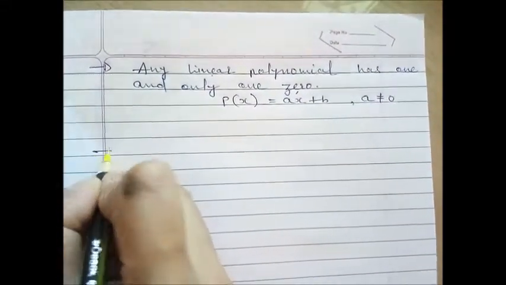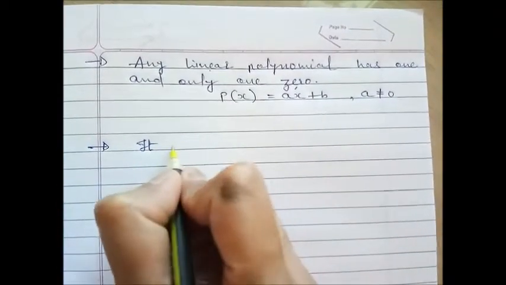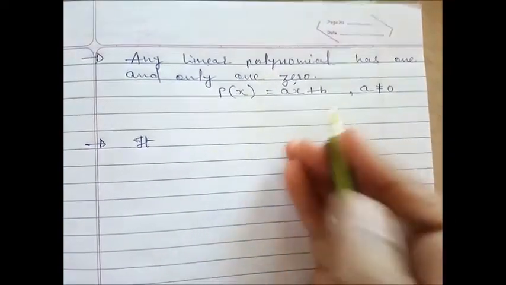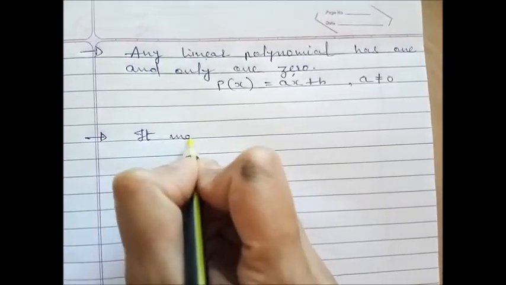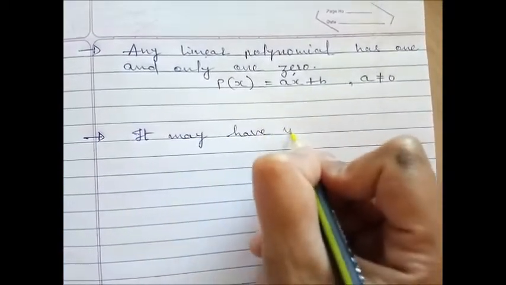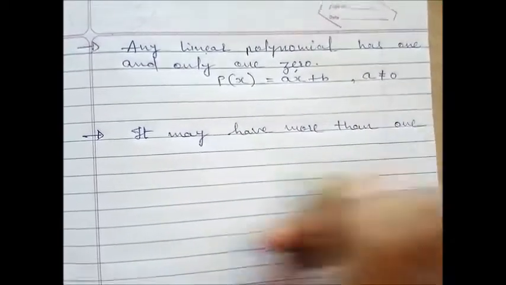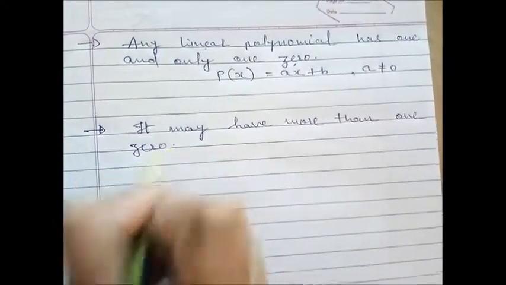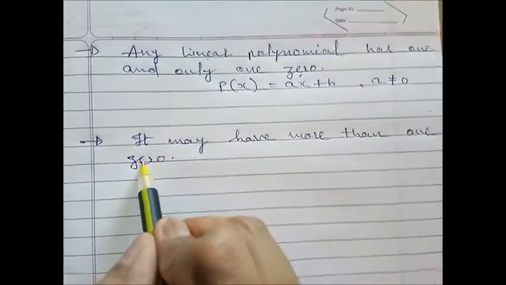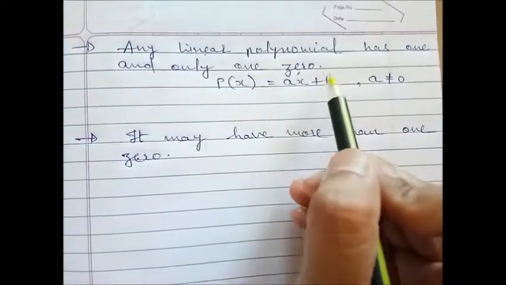Then the other thing, that it is possible that any polynomial may have more than one 0, right? A polynomial may have more than 1 0, but a linear polynomial will have only 1 0.